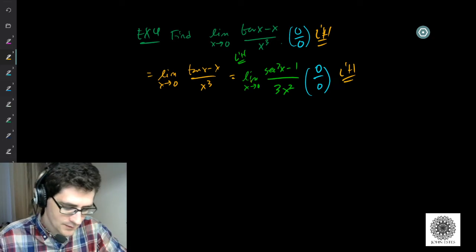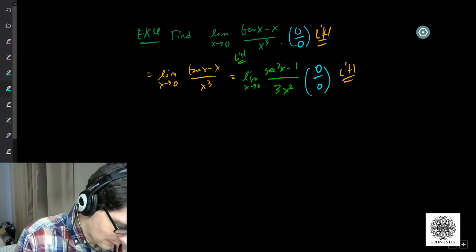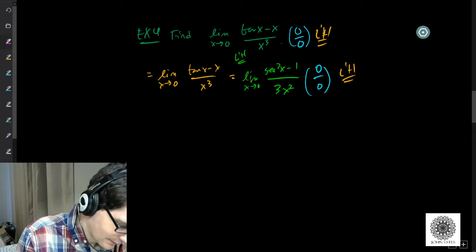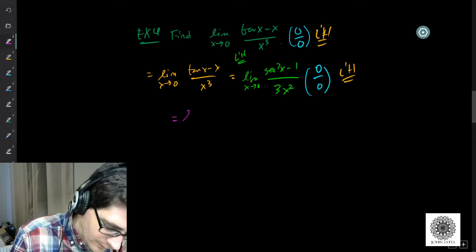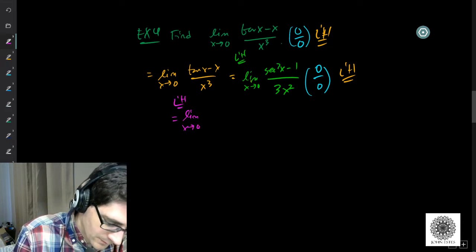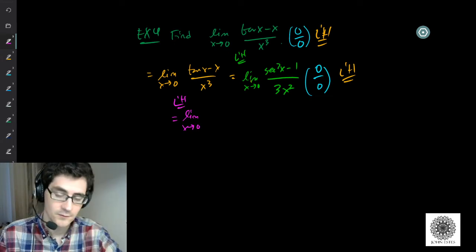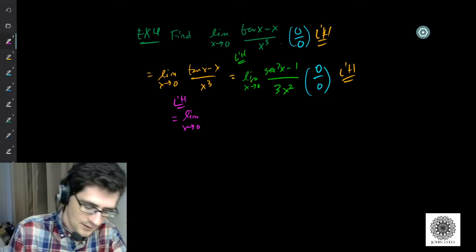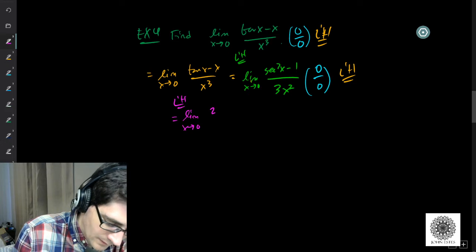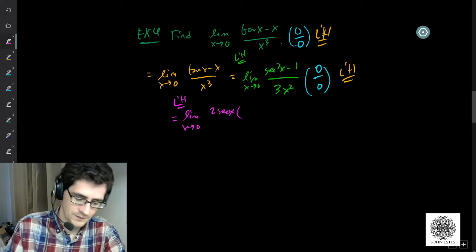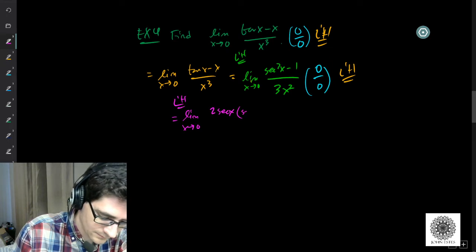Okay, so in doing that, let's see. I'm trying to find a good color here. And I'm going to apply L'Hopital's rule. Now, here in my numerator, I'm going to have to use chain rule, right? Because the derivative of secant squared x is going to be 2 secant x times the derivative of what was inside of that, which is secant.